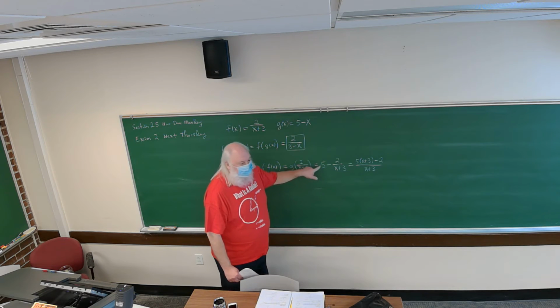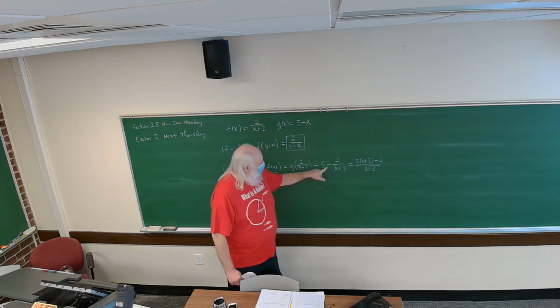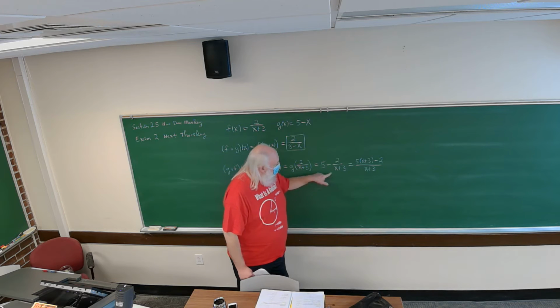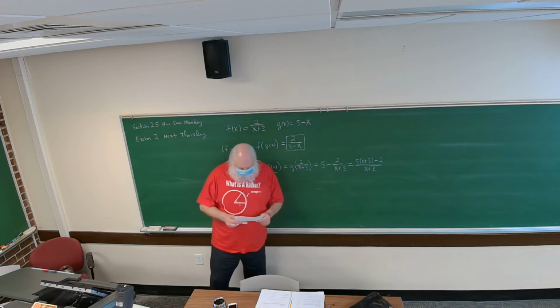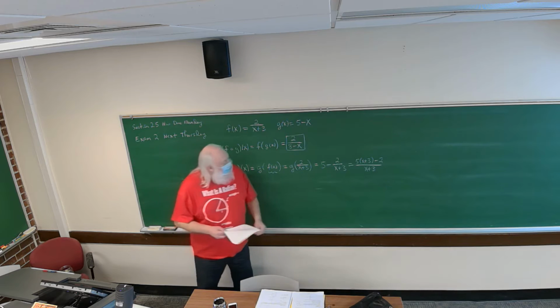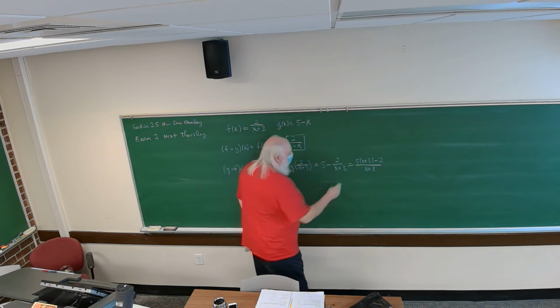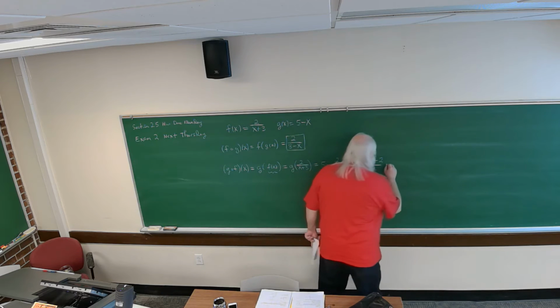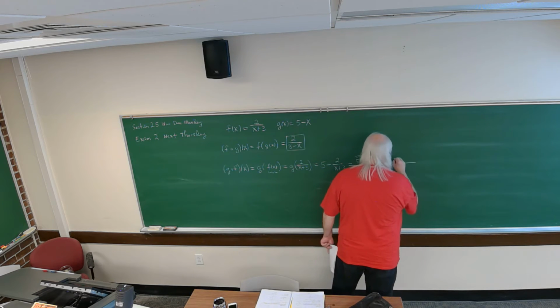I multiplied top and bottom of 5 over 1 by x plus 3, and then I combined the numerators. So I have 5 times x plus 3 minus 2 over x plus 3. Okay. And now when you distribute the 5 inside the parentheses and simplify the numerator, you end up with 5x plus 13 over x plus 3. Okay.